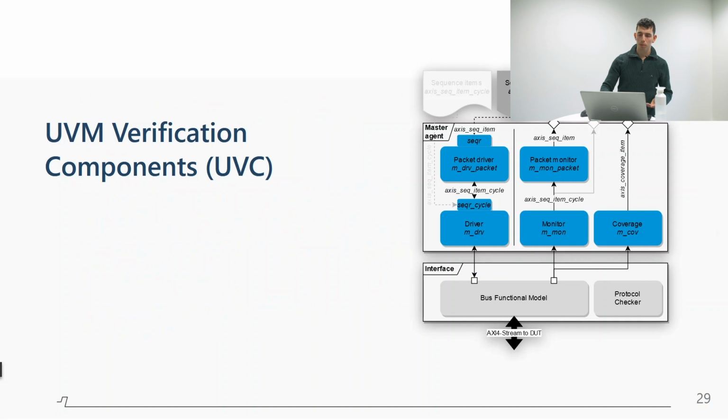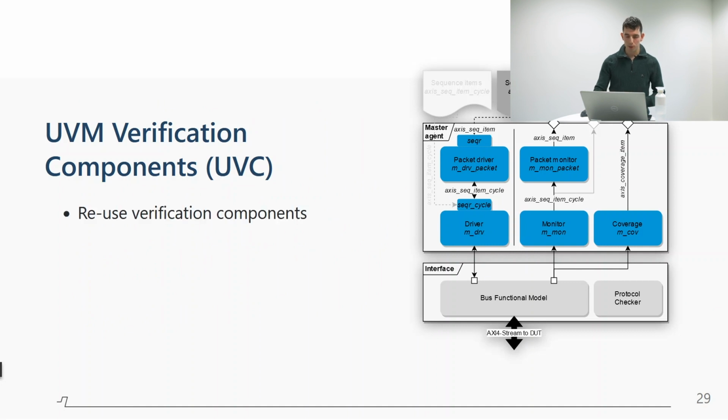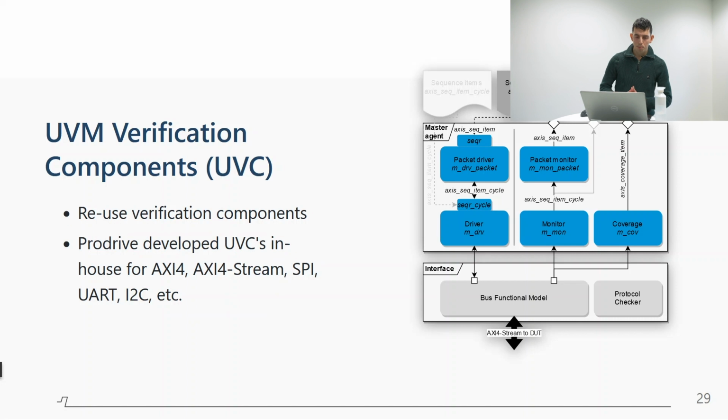The use of UVM also allows us to make reusable UVM verification components. These are parts of your test bench that are made, for example, for specific interfaces that people then don't have to make themselves, but we can share among each other. Prodrive has developed quite a number of UVCs in-house.